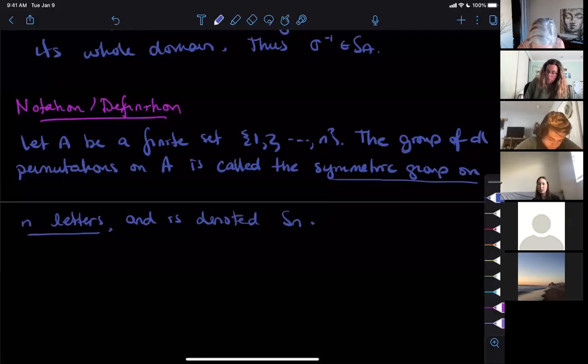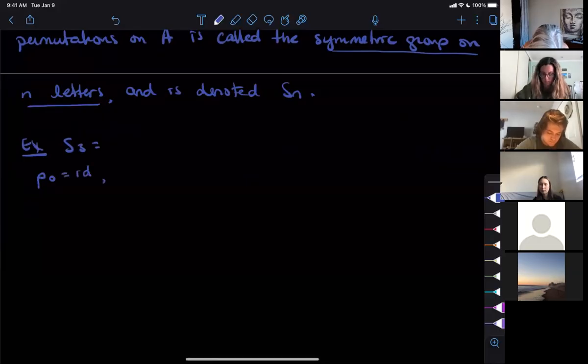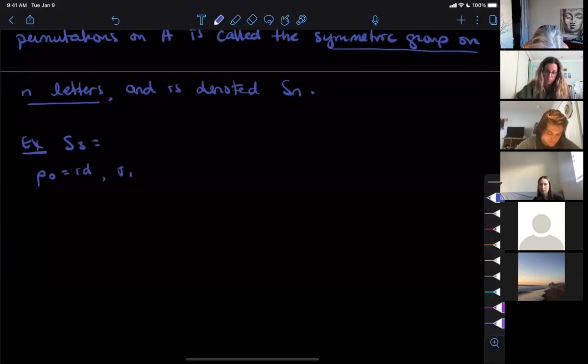All right, so let's think about an example. How about this? S3. So here are the elements of S3. So I've got row 0, which is the identity. I have row 1. Oops, that's not a row. Hold on.